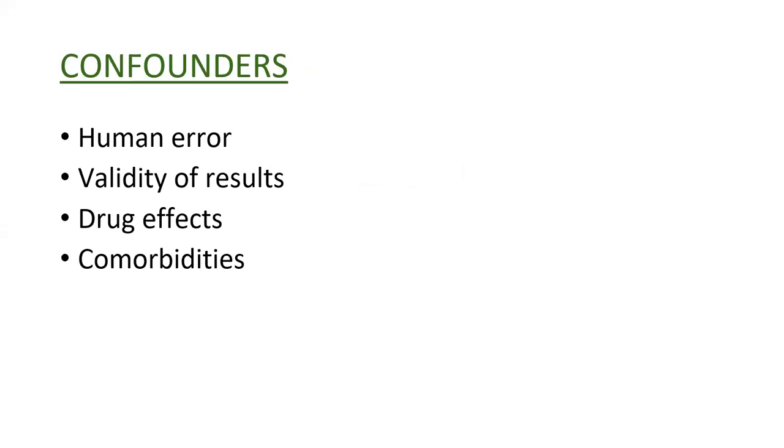So, for instance, a sample may be mislabeled, because sometimes there are several patients in a ward with similar names. It would be important to specify using the patient's number, so that you're able to distinguish the samples, because sample mislabeling can give you false results.